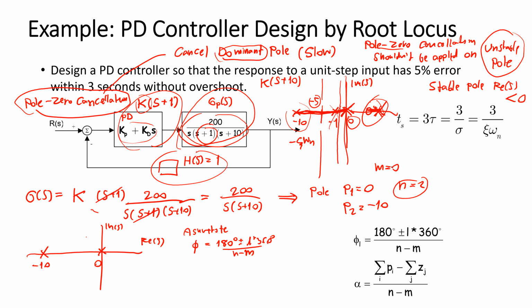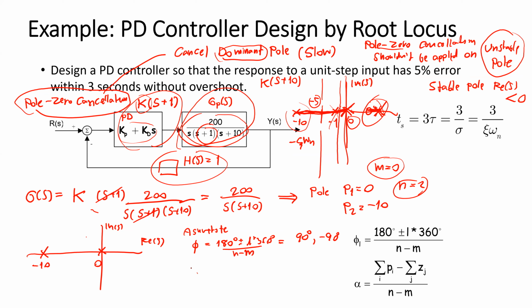So the asymptote of this root locus is going to be 180 degrees divided by 2 and minus 180 degrees divided by 2. So we have positive 90, negative 90 degrees.